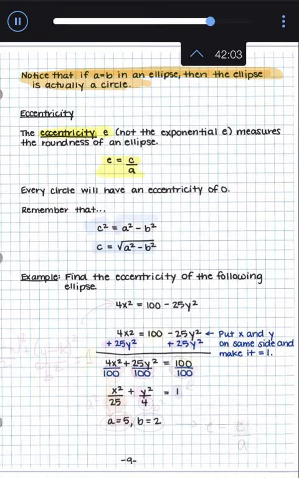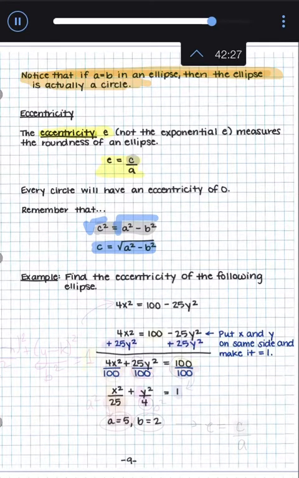And when we say C, we're still using the C from C squared equals A squared minus B squared, which, remember, if you wanted to solve that for just C, you would take the square root of both sides. So C would just equal the square root of A squared minus B squared.